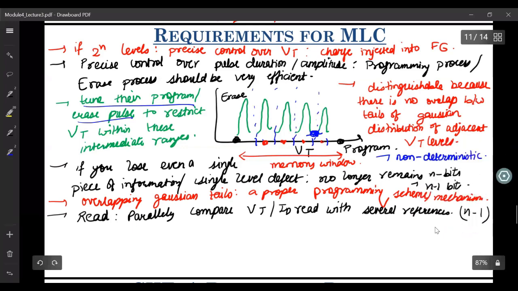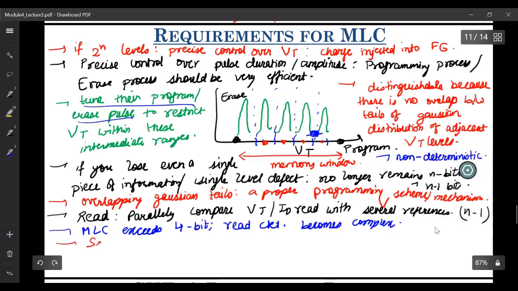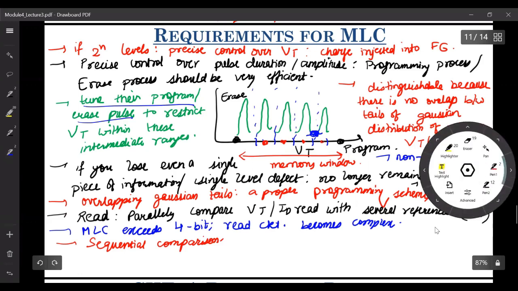But if MLC exceeds 4 bit, then your read circuit becomes really complex and not feasible actually. So then what people go for is sequential reading or sequential comparison. Okay, so that is a constraint on the read.